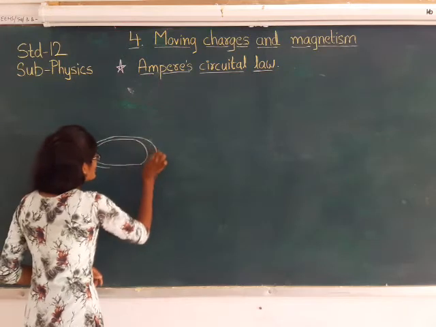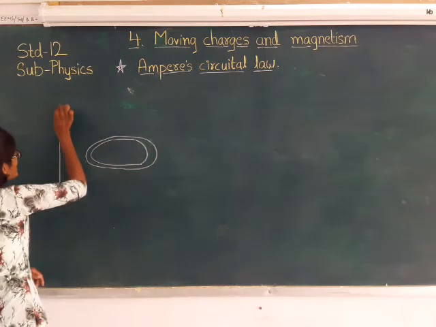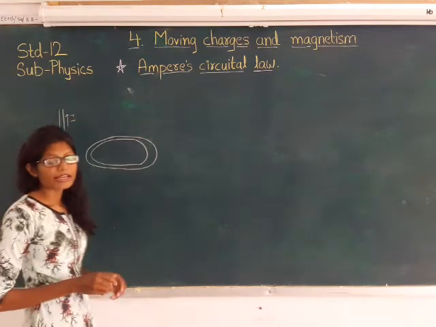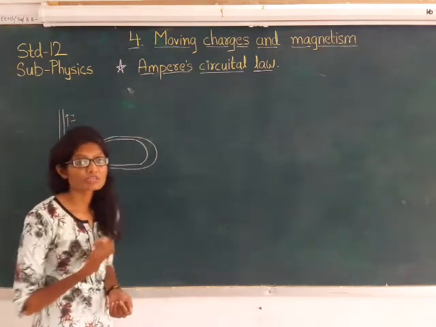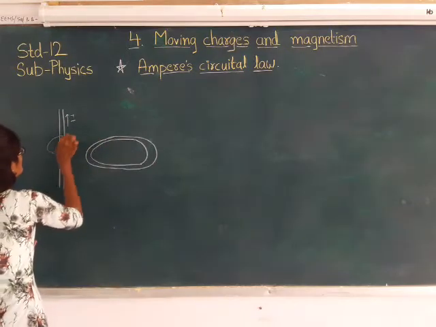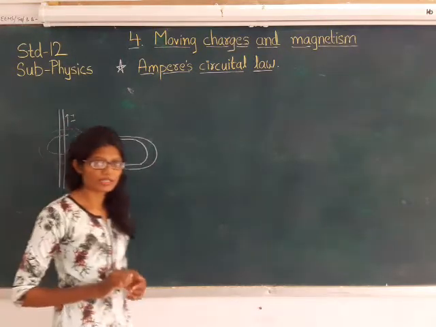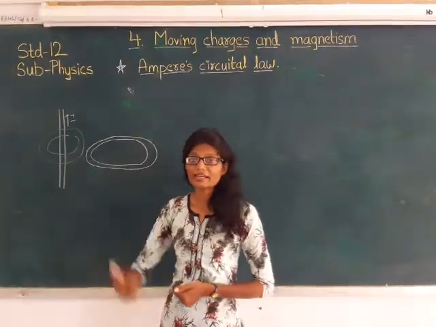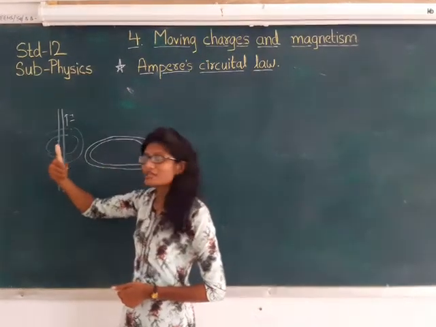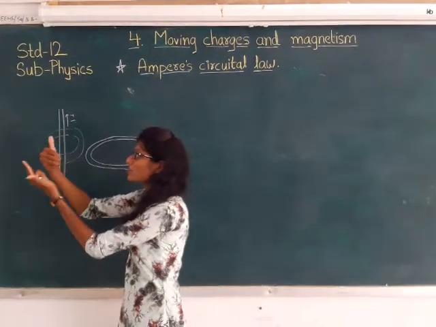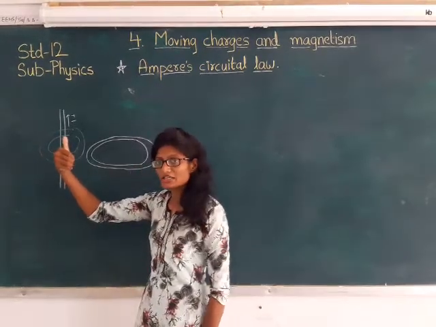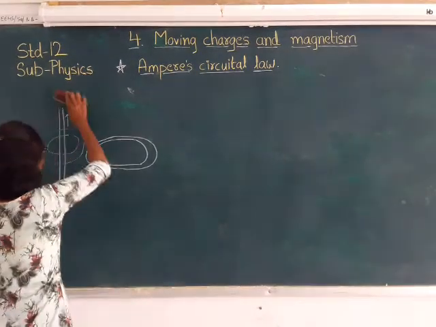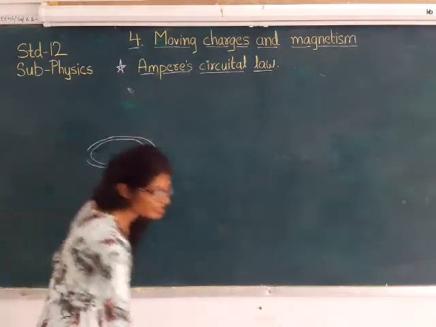Till now we had seen that if we take a straight wire and current is passing through it, then the magnetic field is produced around it in the form of circular loops. The direction of the magnetic field is taken by using the right hand thumb rule: the thumb in the direction of the current, and the fingers point in the direction of the magnetic field.